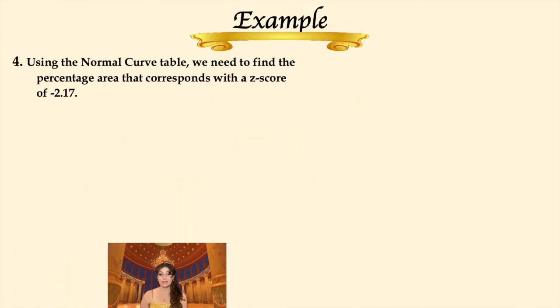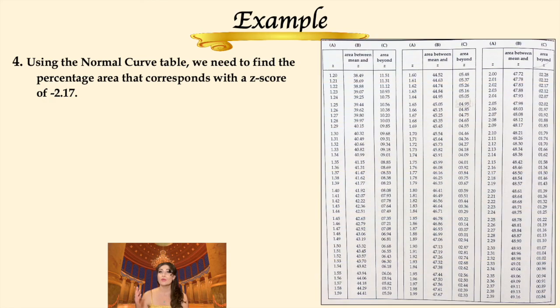So going back to our normal curve table, we now need to find the percentage area that corresponds with the z-score of negative 2.17. Remember, the chart only gives you positive numbers, so if you know your z-score is negative, that's okay. It's symmetrical. Whatever values you see here for positive z-scores would be the same for the negative side of the distribution.